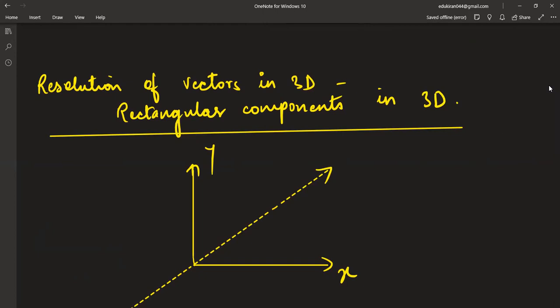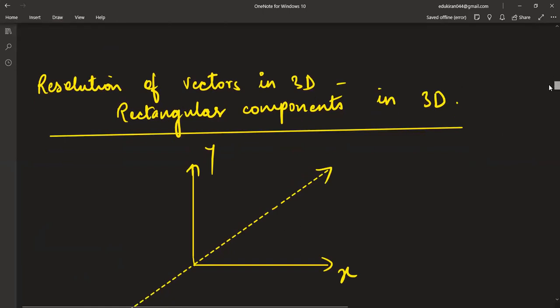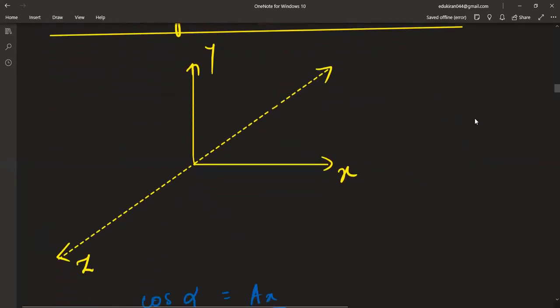Now, under resolution of vectors in 3 dimensions, you have the x-axis, y-axis, and z-axis also. So in that case, how will you consider? Suppose all the 3 axes are present, rectangular components in 3D. Let's say this is the z-axis, this is the x-axis, this is the y-axis.